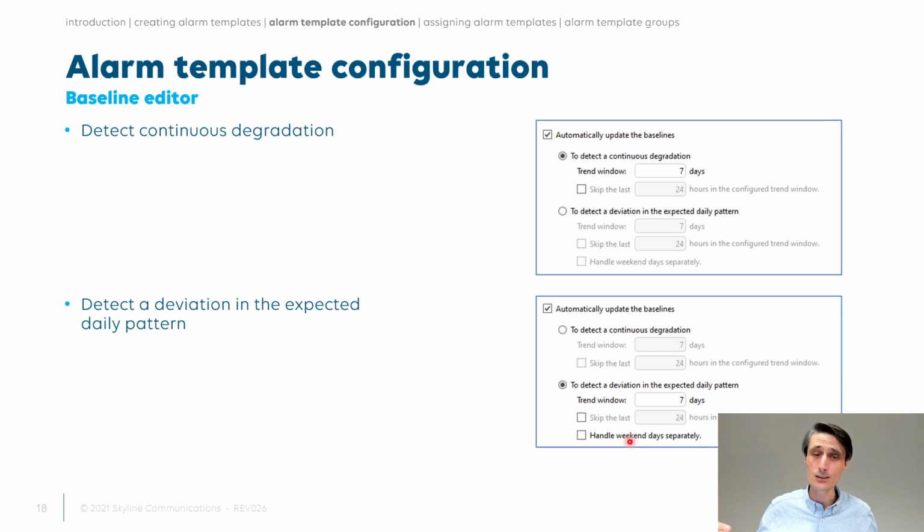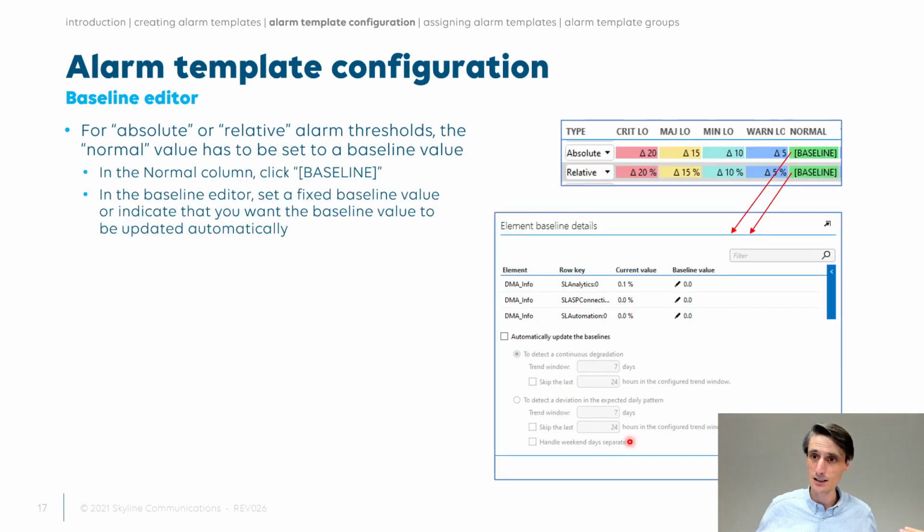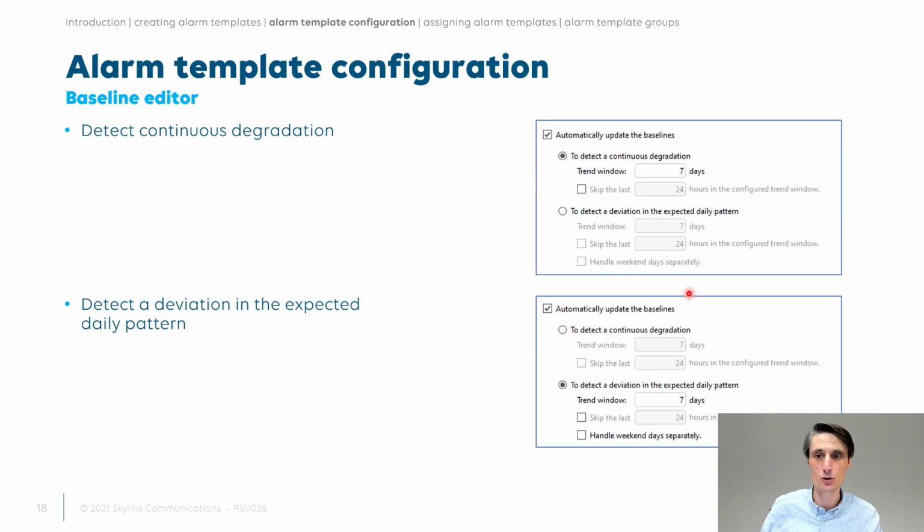You can specify the normal value yourself by clicking on that baseline and getting to this editor here and specifying the baseline, or you can decide for DataMiner to take care of the calculation of the baseline or normal expected value. And of course, we had that rate alarm as well, which is a special one where the baseline continuously follows us in time, you could say, to allow you to generate an alarm when the jump is too high on certain parameters.